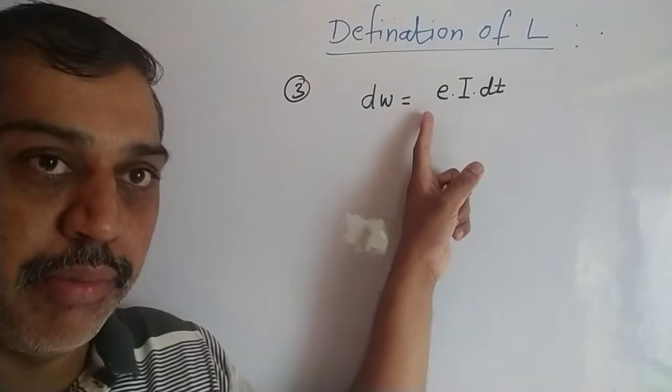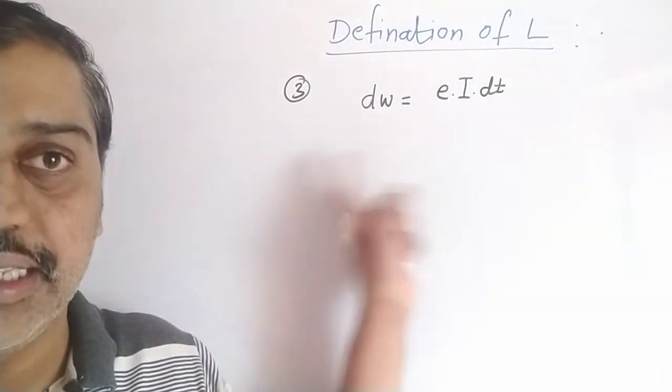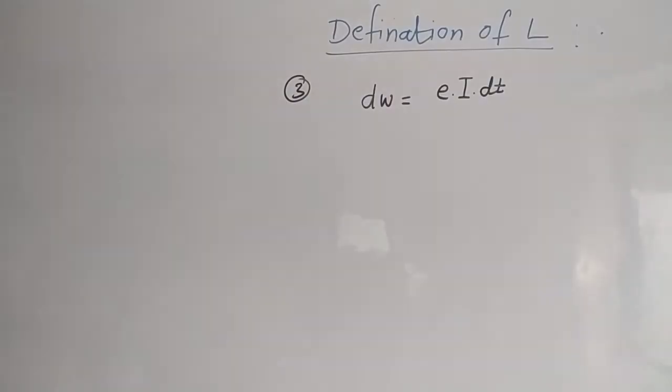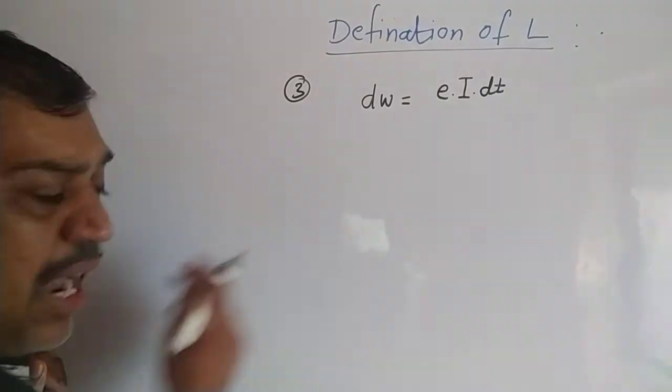E amount of EMF is induced, I amount of current is flowing for time dt, and that is nothing but work done. To find the total work done, we have to integrate this equation, but first let's solve this part: E into I into dt.